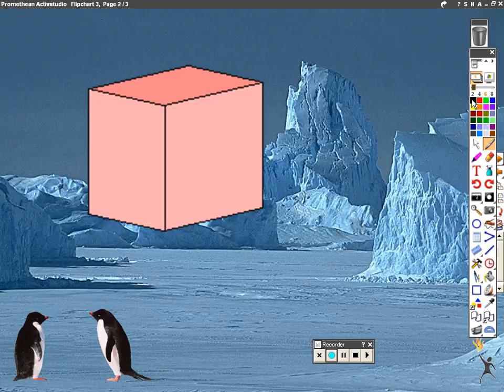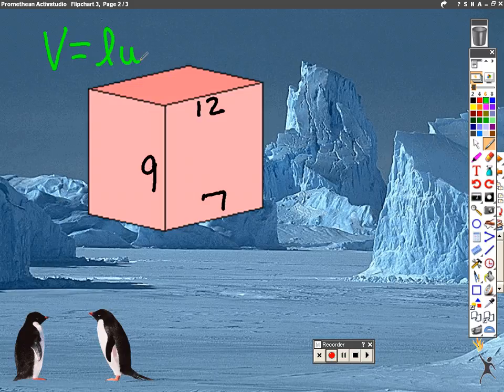Let's look at another one. Let's say that this is 7, this is 9, and this is 12. You can also use the formula for volume, which is length times width times height. So the length of my box is 7, so I'm going to substitute in 7 for the L. Oh, I made a mistake, didn't I?